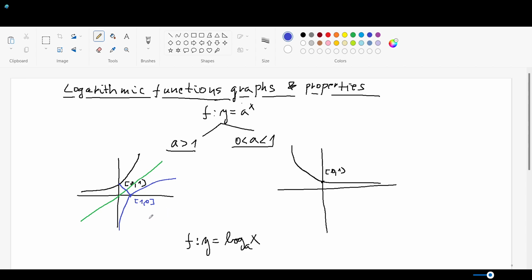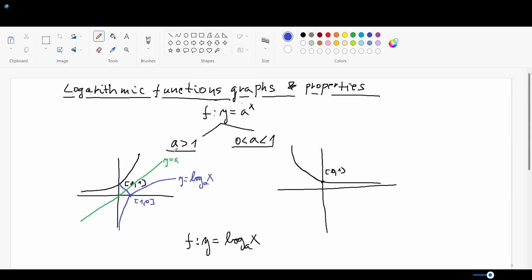Okay, so if you consider this green line, which is represented by the equation y equals x, as a mirror, and you look into the mirror from the point of view of the exponential function, you should see in the mirror the picture which is represented now with the blue function, and its equation is y equals log base a of x.